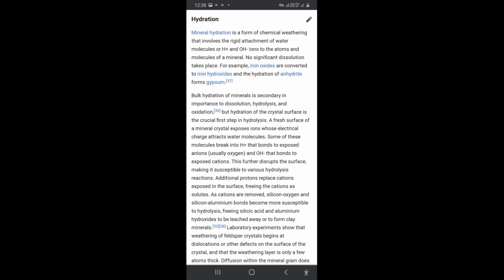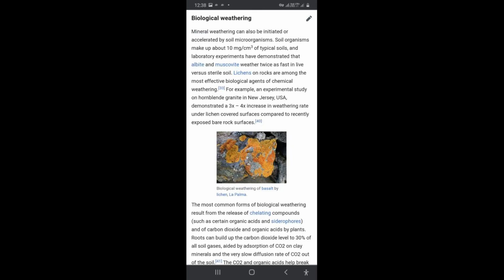Now, when the plants grow on rocks on the crust of the earth, the hydrogen ions released at the roots of the plants will react with the minerals present on the rocks, and as such there is an ion exchange: the minerals get into the roots and the H plus gets out of the root.